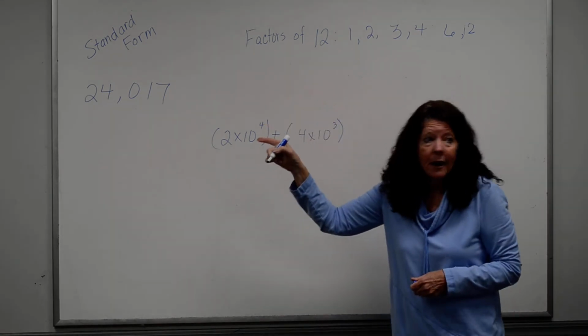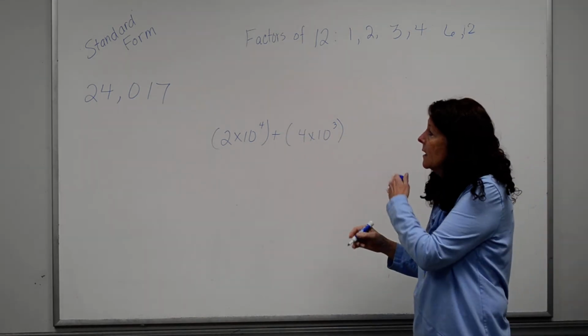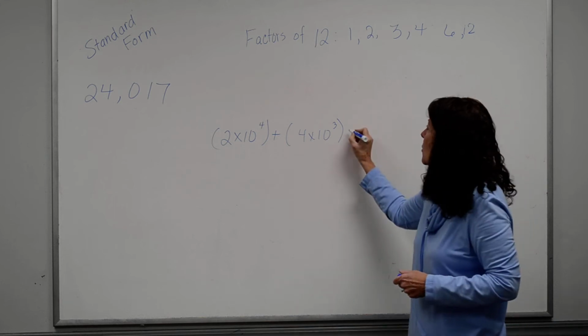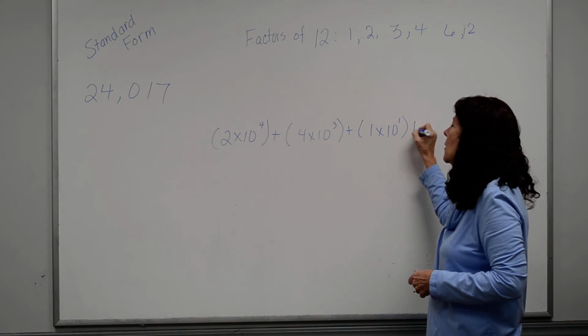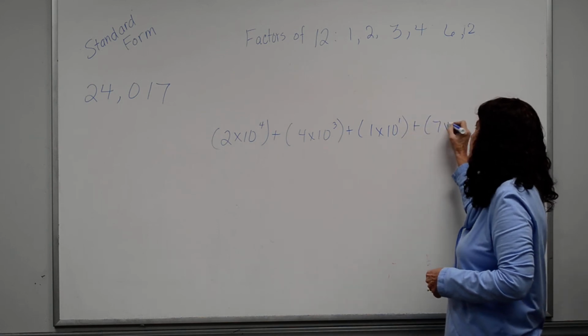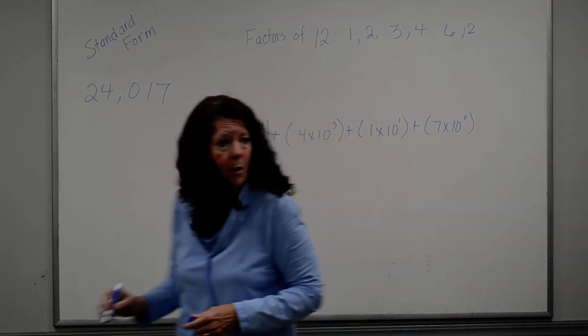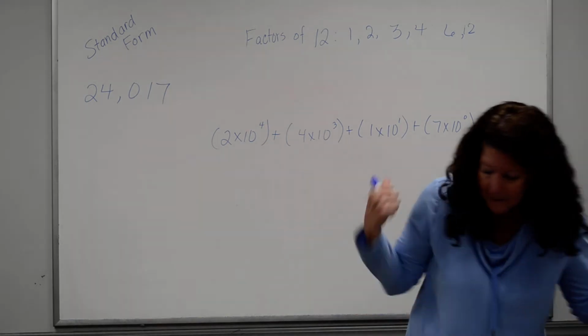Now you do not have to do the 0, but you can. You can say 0 times 10 to the 2nd power, or you can go on to the 1 and go 1 times 10 to the 1st power plus 7 times 10 to the 0 power. Did you do anything with the 0 or not? You didn't. Okay, I probably wouldn't either. Okay, so that's perfect the way it is.